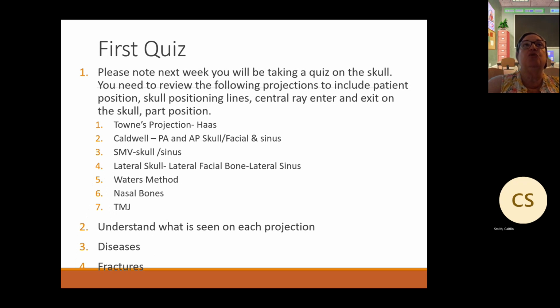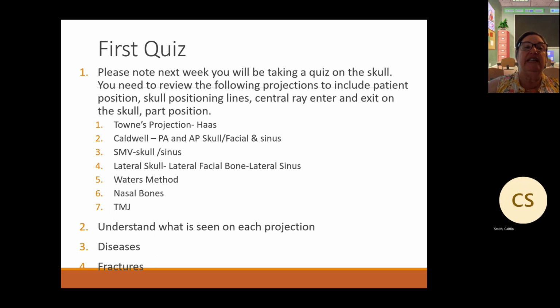Know these for the skull, facial, and sinus projections. The SMV for the skull and the sinus. A lateral skull, lateral facial bone, lateral sinus. The Waters method, the nasal bones, and the TM joints. Those are your projections that you need to know.